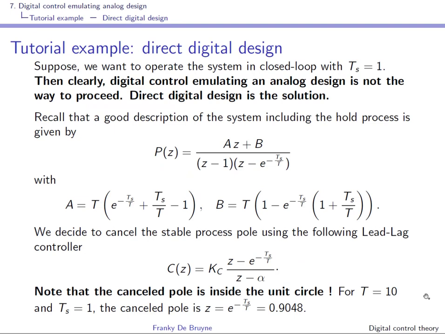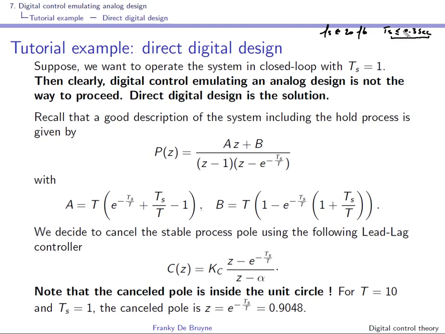We had seen that using this rule of thumb that Fs is approximately 20 times the bandwidth frequency, we had obtained a Ts that should be smaller than 0.3 seconds.